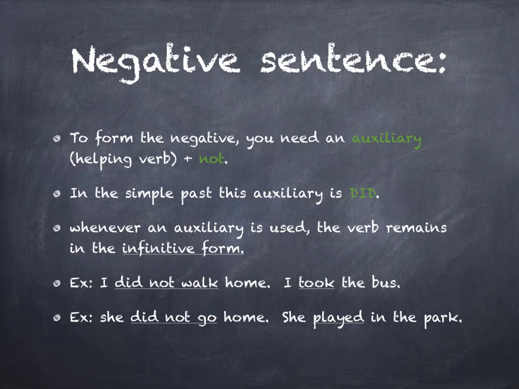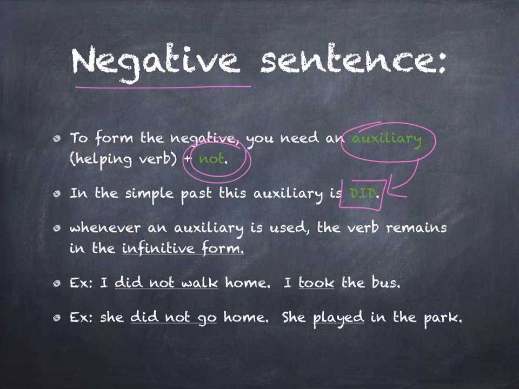Now to form the negative, this time you will need a little help, and it comes in the form of an auxiliary. In the simple past, this auxiliary is did. And then we're talking about negative form, so you need your keyword not after the auxiliary.